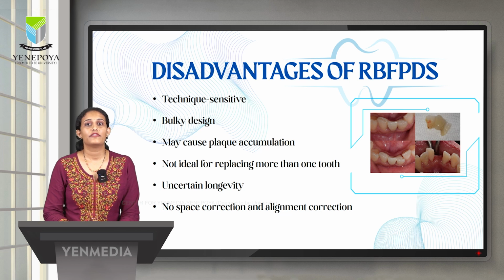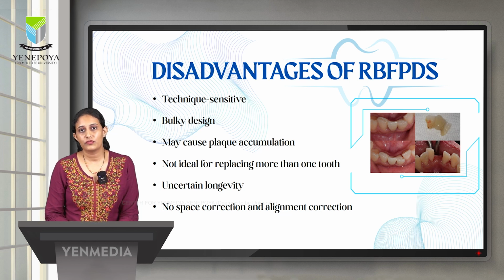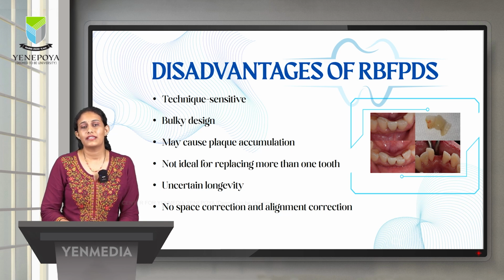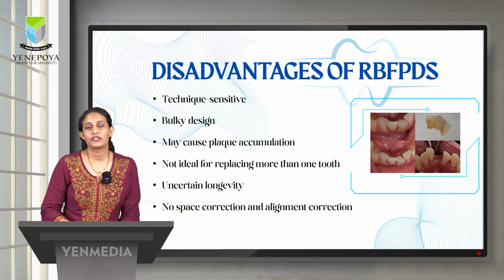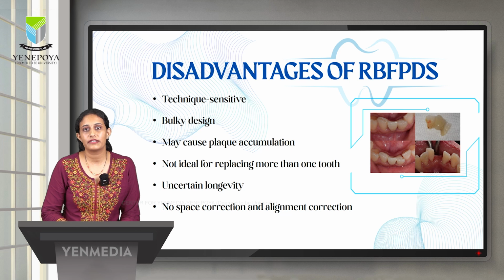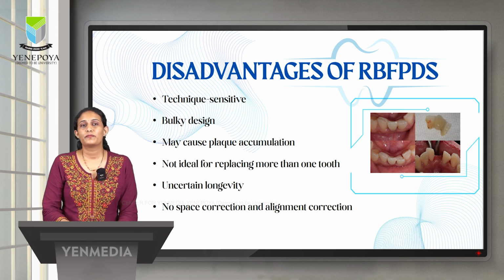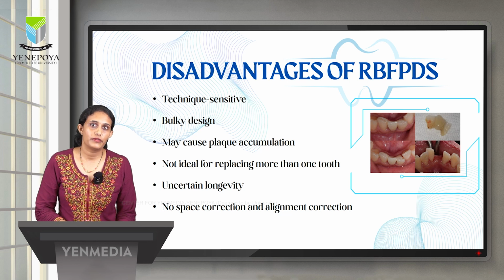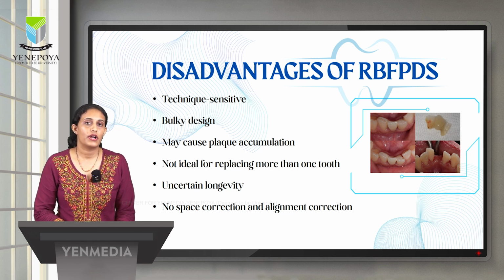It is not ideal for replacing more than one missing tooth. The uncertainty of its longevity makes it less of a permanent restoration and more of a temporary restoration as perceived by general dentists. And no space correction and alignment correction is provided by this resin bonded bridge. For such cases, you require a full coverage crown.